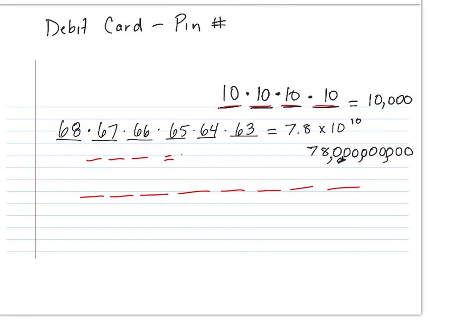Okay? So if they said you have a combination, let's say your laptop has 6 numbers or digits, okay? And it's 2 letters followed by 4 numbers.